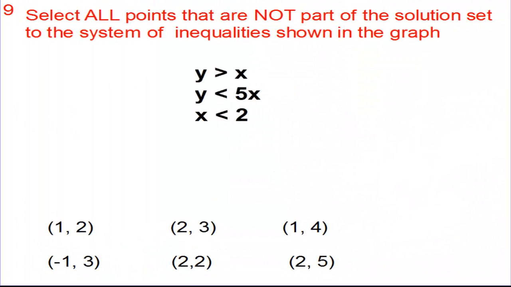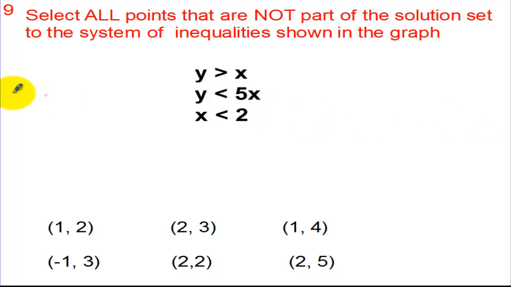For problem number 9, since we already have the system and we are trying to identify points that are not a solution, instead of graphing the system, we can just plug in each of these points. So for (1, 2), let's plug in x equals 1, y equals 2. Is 2 greater than 1? Okay, that's true.